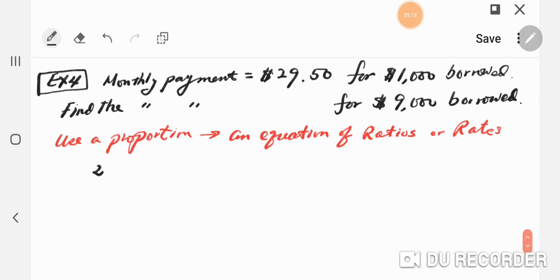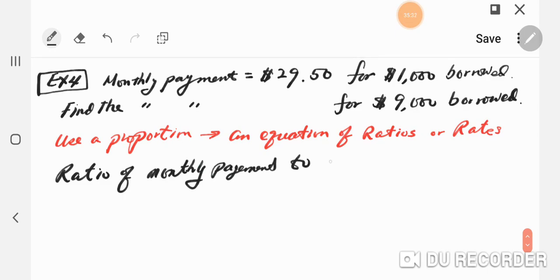We can write a ratio of monthly payment to the $1,000 you borrowed. So the ratio for this one is $29.5 to $1,000.